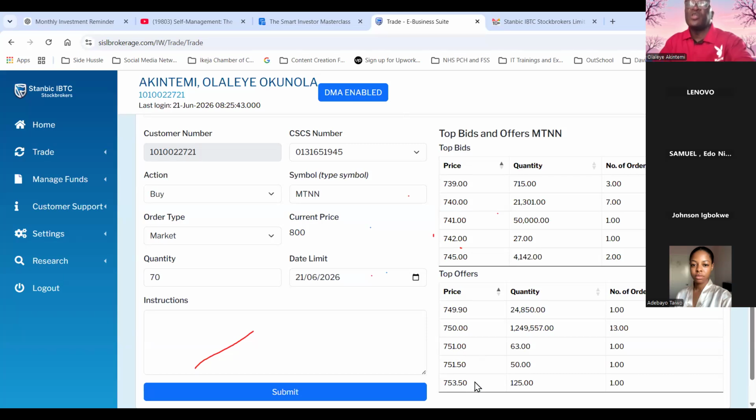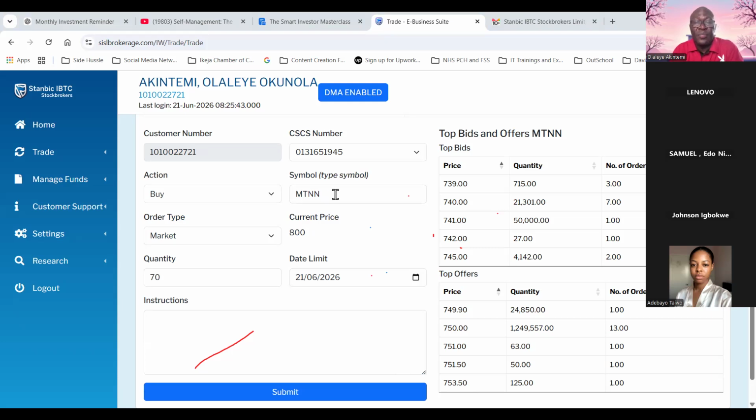So you should only bid what is being offered. Don't bid higher than what is offered. Don't bid lower than what is offered. If you are bidding anything outside what is being offered, there is a very high likelihood that the transaction will not go through. Okay, I hope everyone understands that.